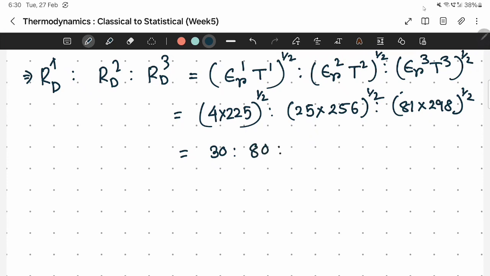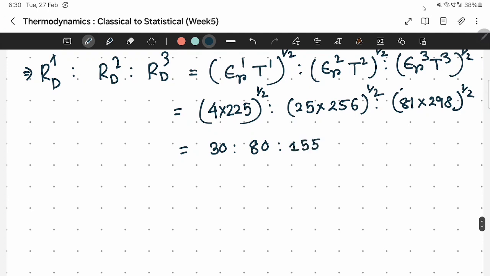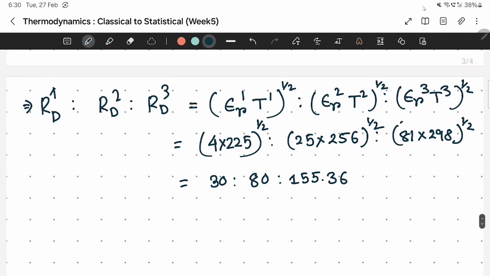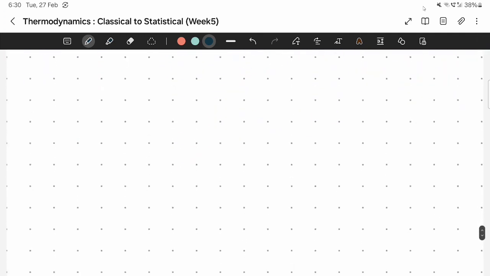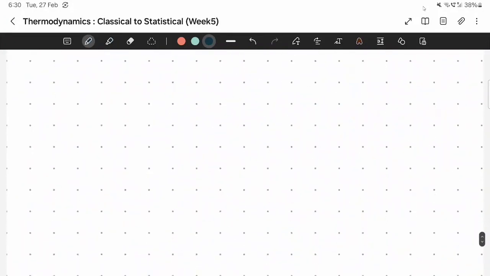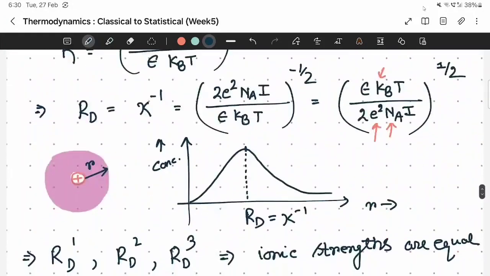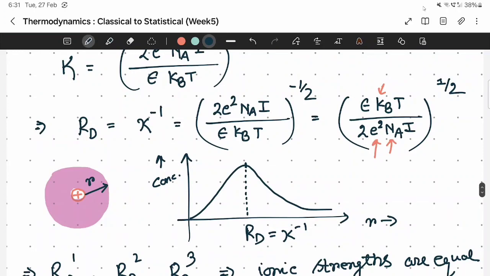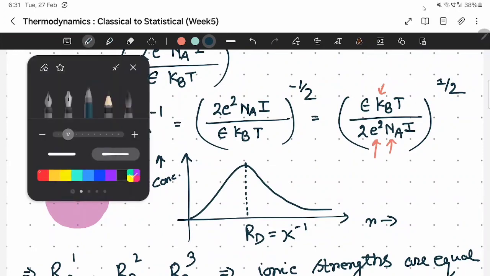For the last one, 81 into 298, it is 155.36. So these are all the ratios. Okay, so this is a very important equation. Let me again write it. It is already written. So this equation is very important.